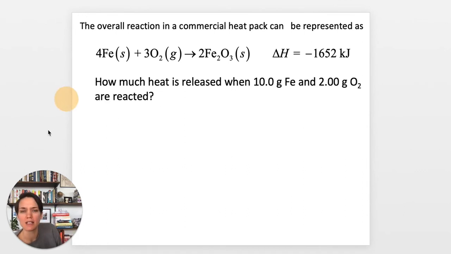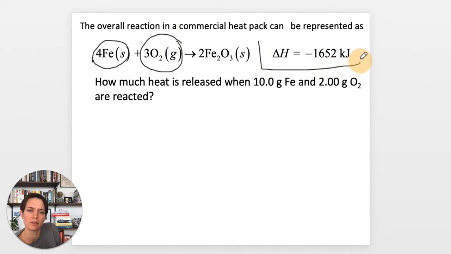All right, now we have another problem. How much heat is released when 10 grams of iron and 2 grams of oxygen are reacted? Wow, okay, so we're given information about iron, and we're given information about oxygen, and we're asked about the amount of heat produced, right? So the heat produced is a product of this reaction.